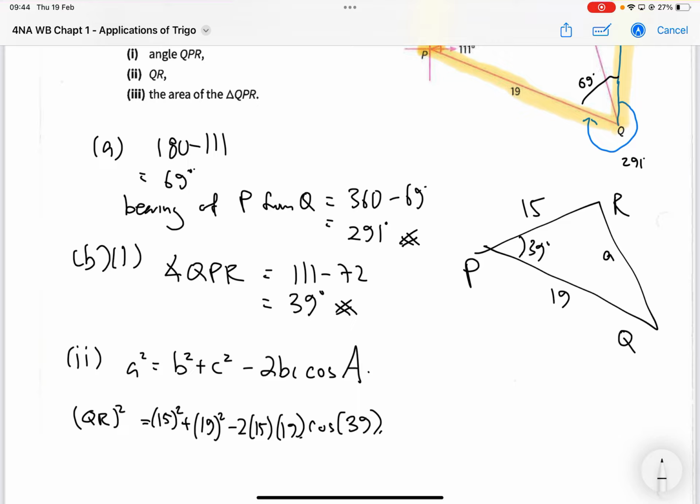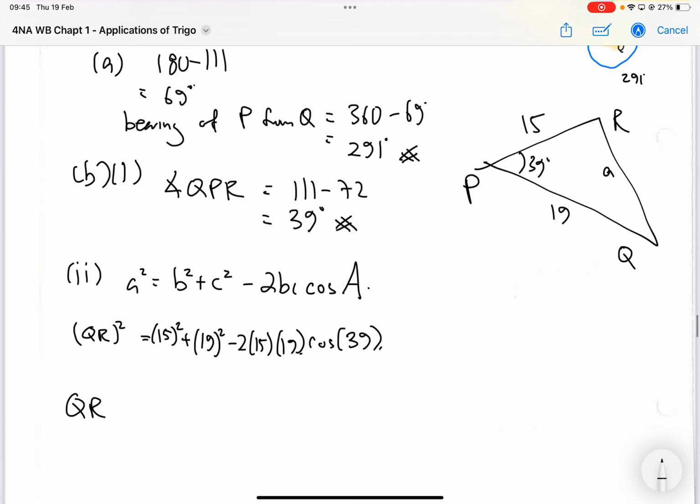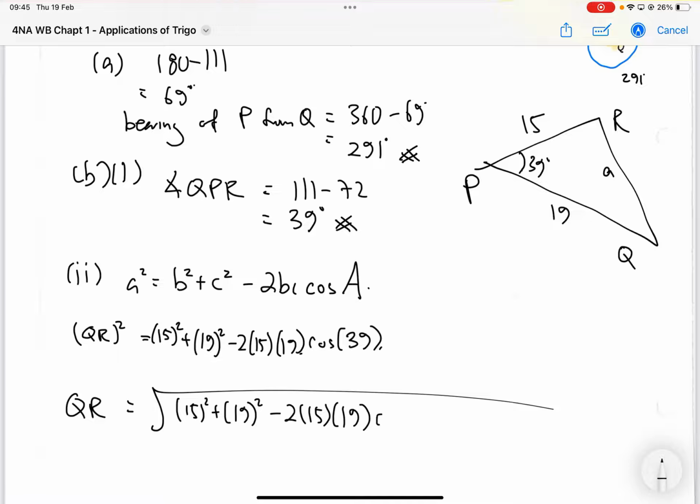Okay? Then I want to find QR. I take square root of this whole thing. Then press calculator, you can get your answer.